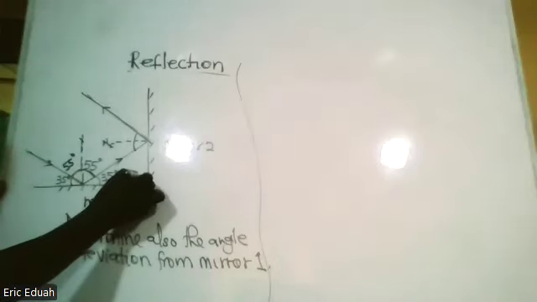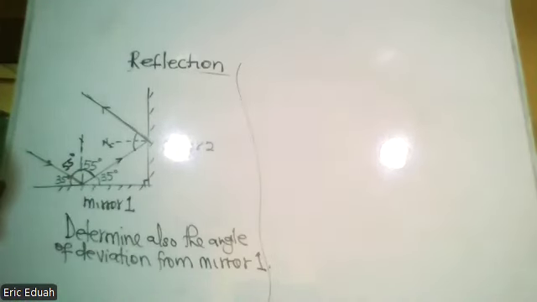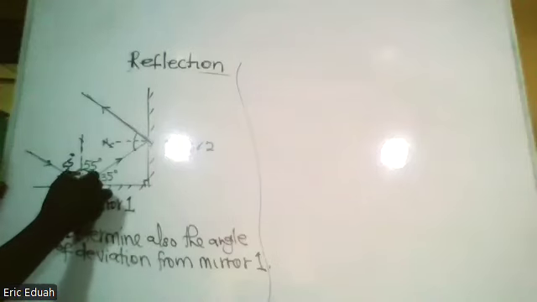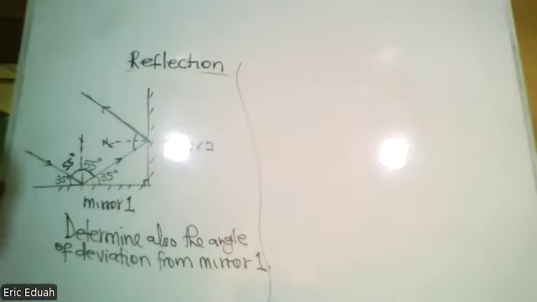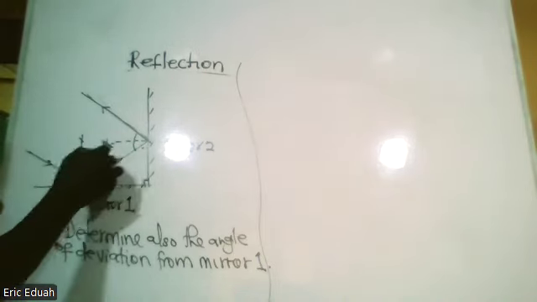If this is 35, this already is 90. So if this is 90, then the two angles must sum up to what?